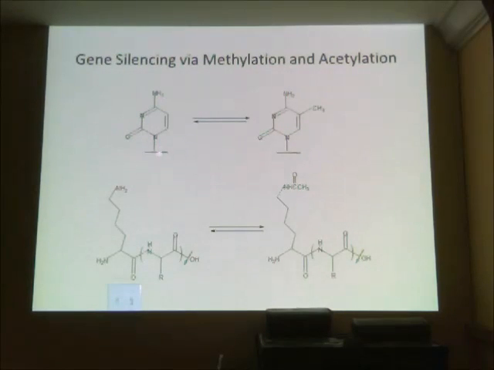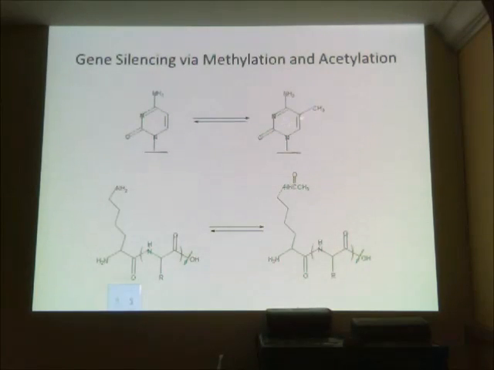Here, this little squiggly line just represents that, again, this would be attached to a 2'-deoxyribose, and the phosphate groups, and out here somewhere this would be some kind of polynucleotide. There are enzymes that will add a methyl group at this position. So this is cytosine.